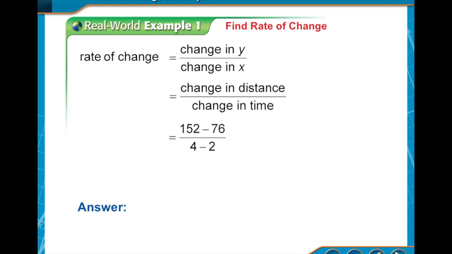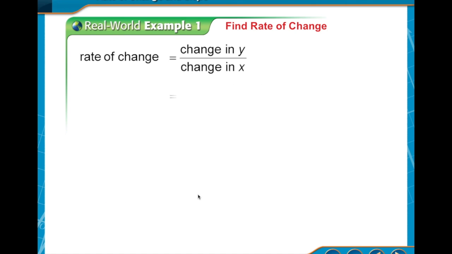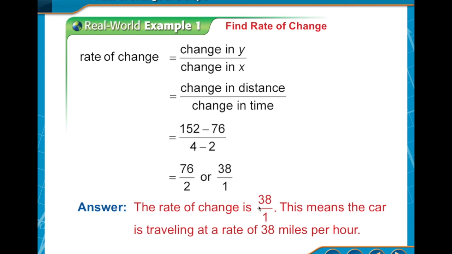We simplify. You could pick 2 points there from our graph, and we already said 76 divided by 2 would give us 38 as the rate of change. And we know that this means the car is traveling at 38 miles per hour. So every hour the car goes 38 miles. So that's what the context means for this real world example.